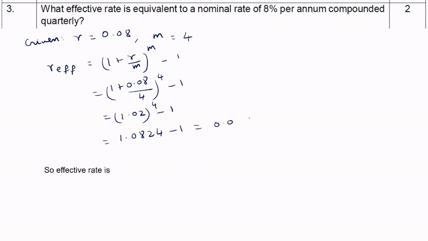So it is 0.0824. So the effective rate is 0.0824. It is nothing but 8.24%. So for writing the formula 1 mark and the final answer 1 mark.